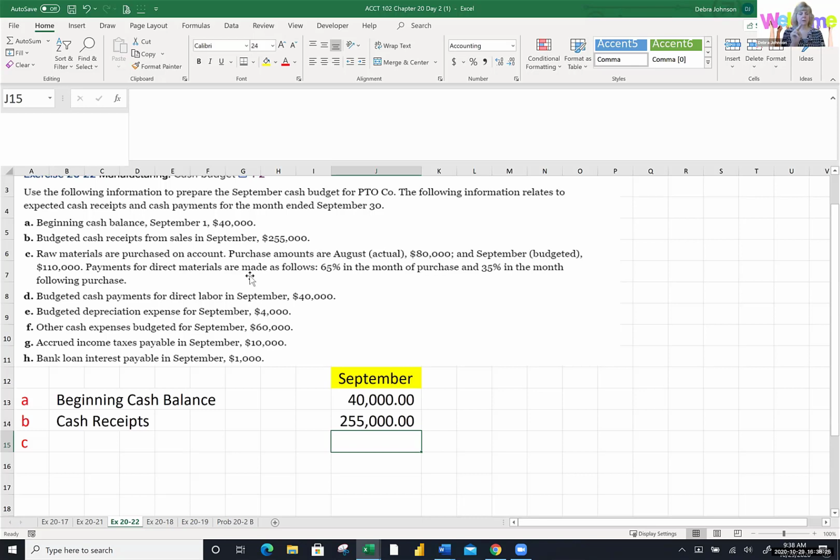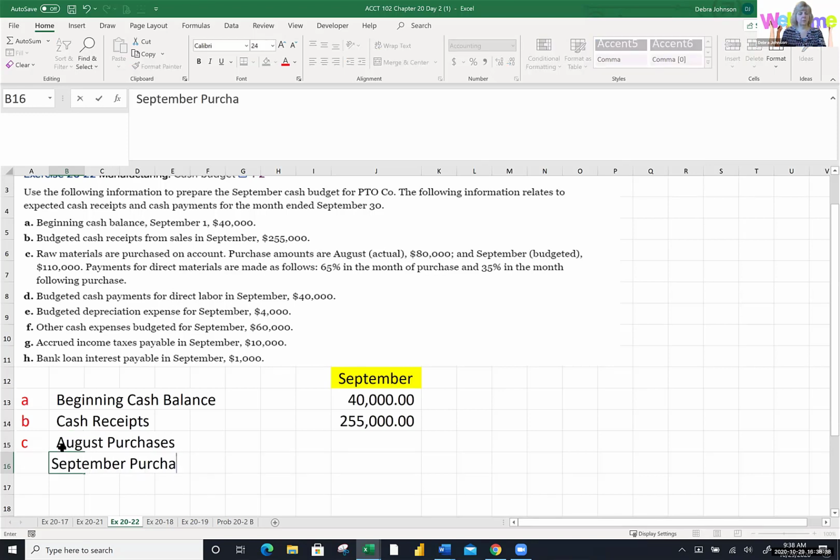Okay, so we got two things going on. We have August purchases and we have September purchases. I'm going to list that, and I'll probably draw that out so we have a good idea of how those are being paid.